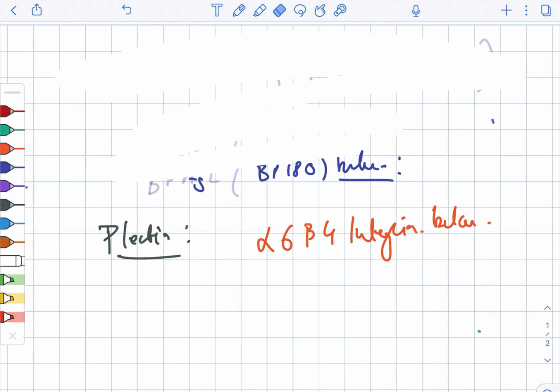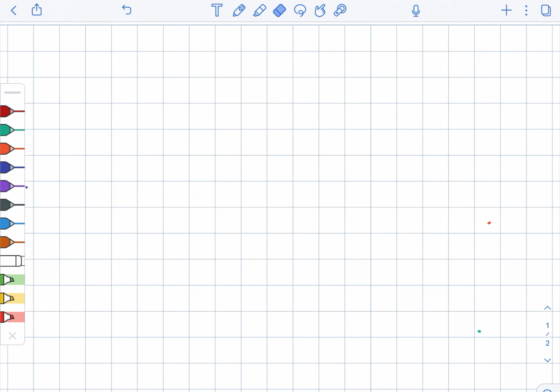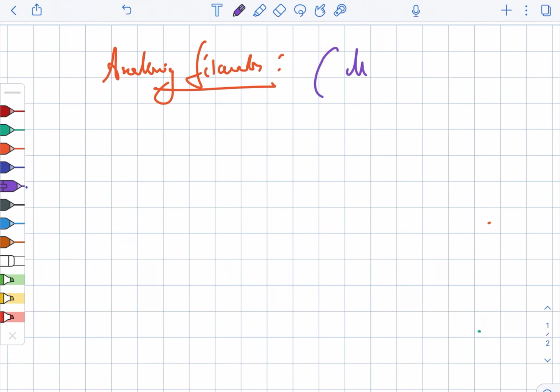Next, we are looking at the anchoring filaments. In the case of anchoring filaments, it is the lamina lucida and the lamina densa which are involved.